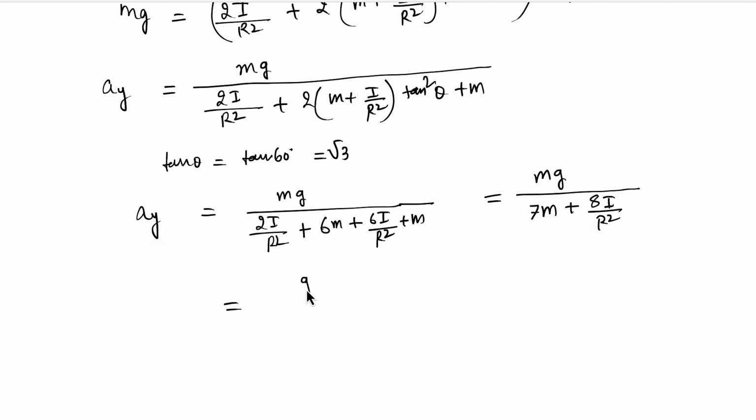Okay, so this is g by 7 plus 8I by mr square. And this is the answer for ay in the second case.